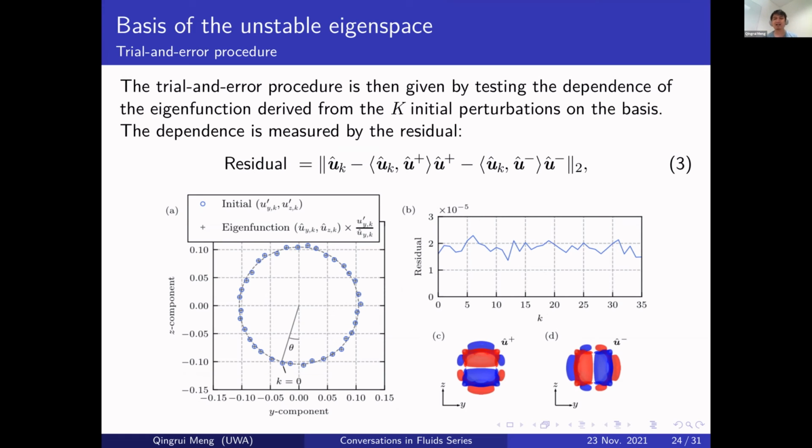But if we find another independent one, that means we need to increase the dimension of our basis space. This way, if we give enough trials, we will establish the exact basis of the unstable eigenspace.